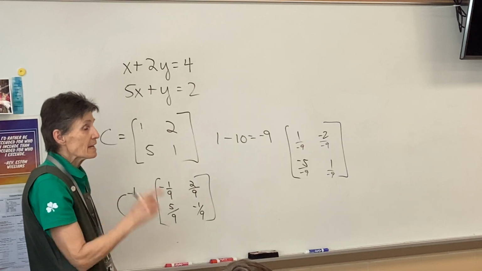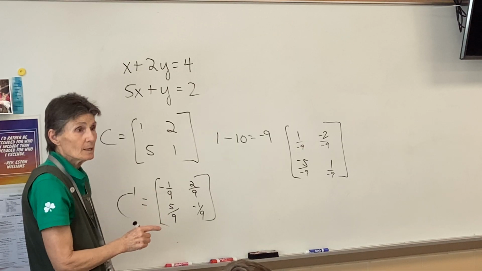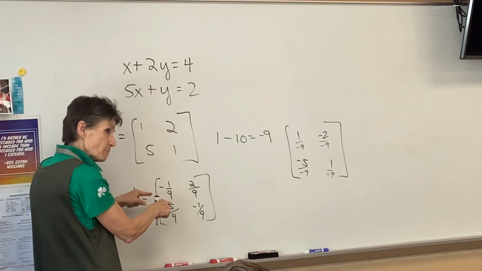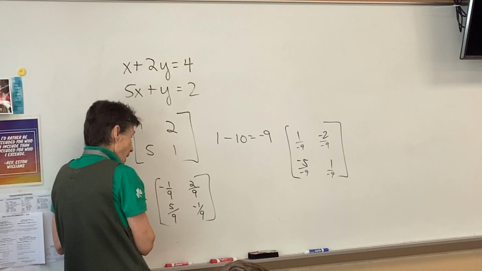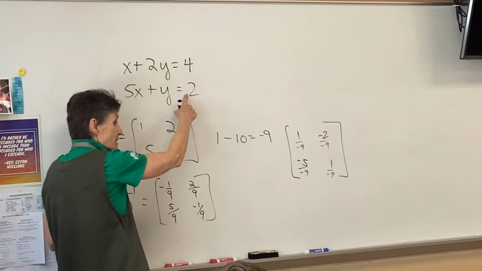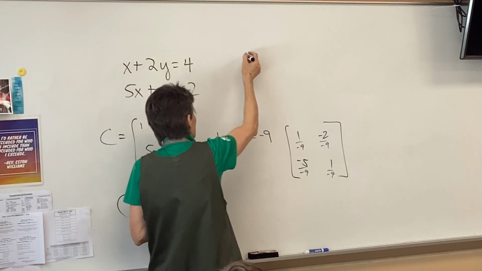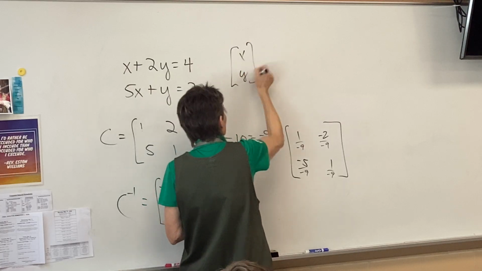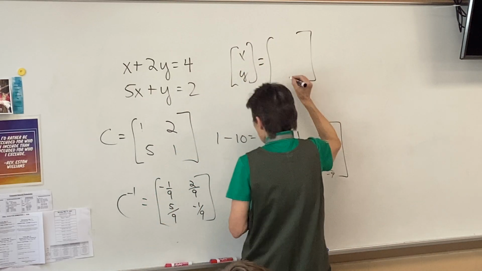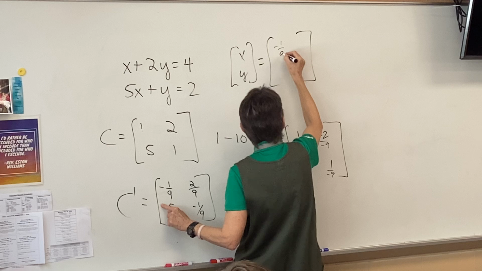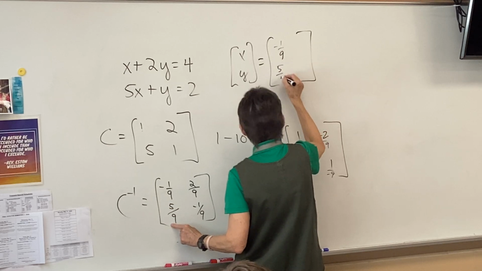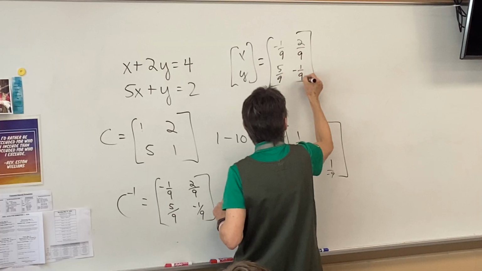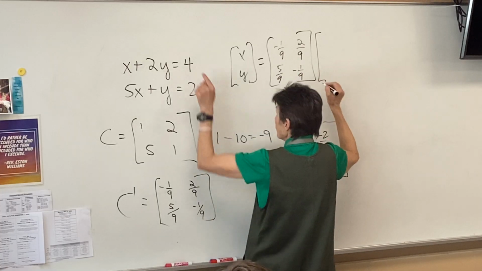To get the answer to the question, you simply take that matrix right there and multiply it by the constants. So we're going to get our answer by multiplying the inverse you just found times 4, 2.